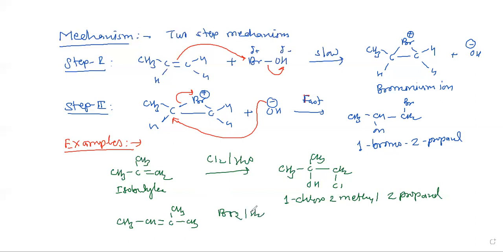If you add bromine water or Br2 in H2O, then you will get CH3, CHBr, C(CH3) and OH. Here you will get 3-bromo-2-methyl-2-butanol as the product.